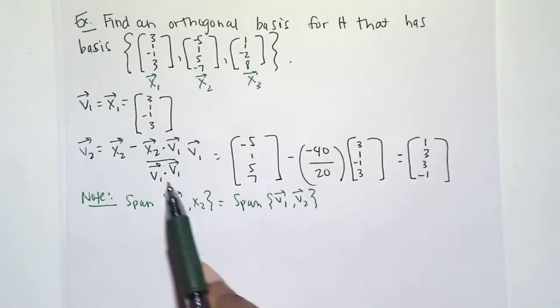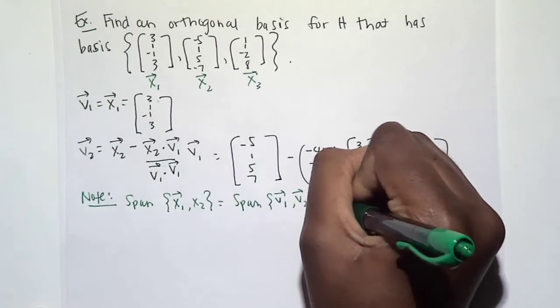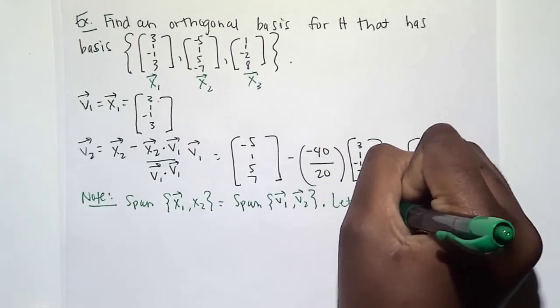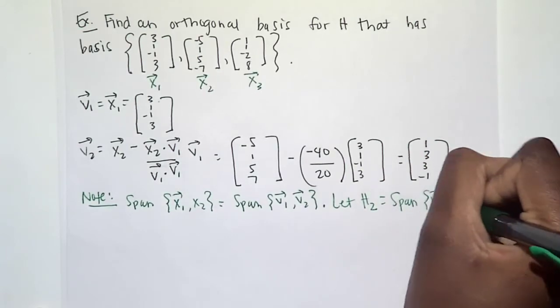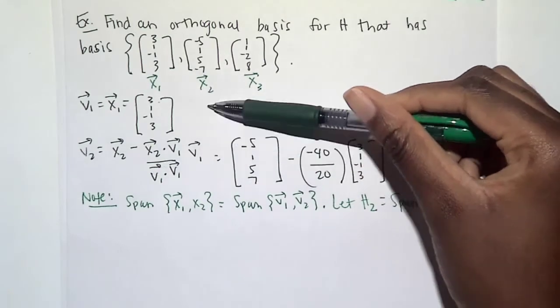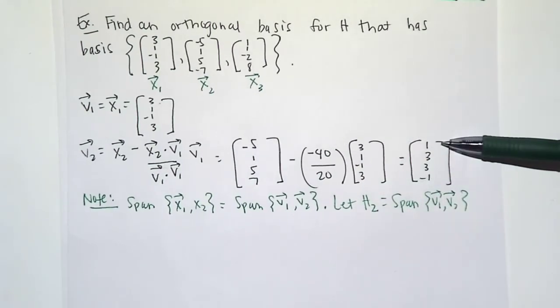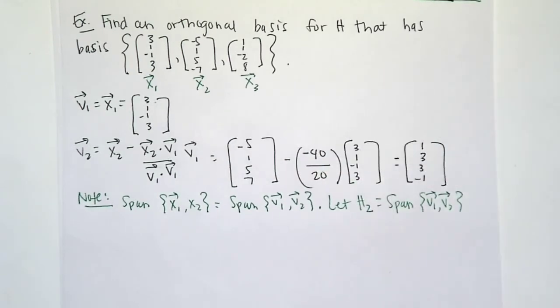So even though we're using different vectors, these represent the same spanning set. They give you the same vectors. So we're going to let h2 equal the span of v1 and v2, because we now want to think about them as a unit together, and we want to come up with a third vector that is orthogonal to both of these as a unit.